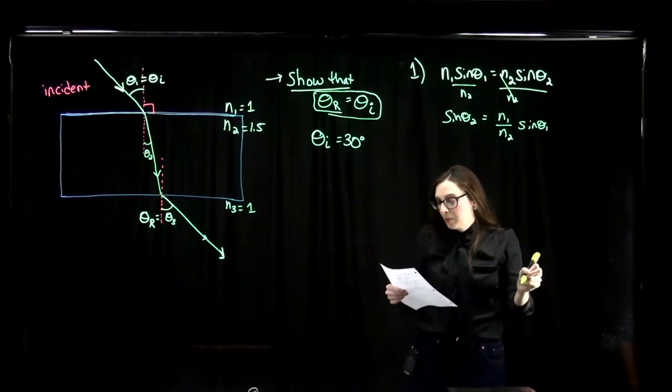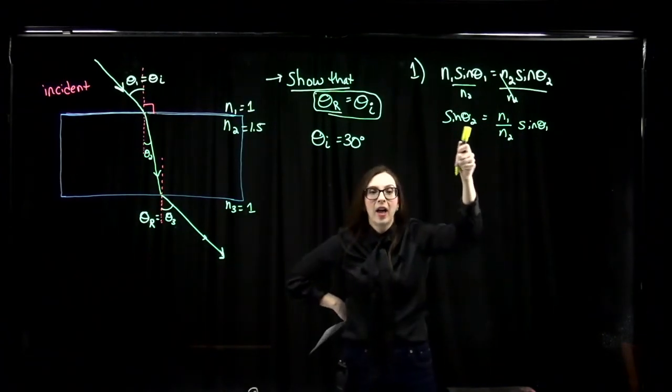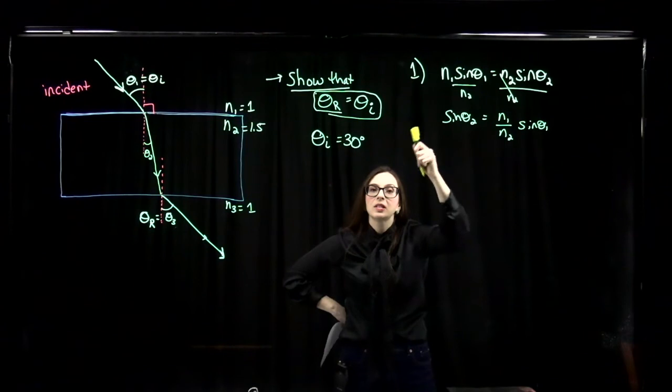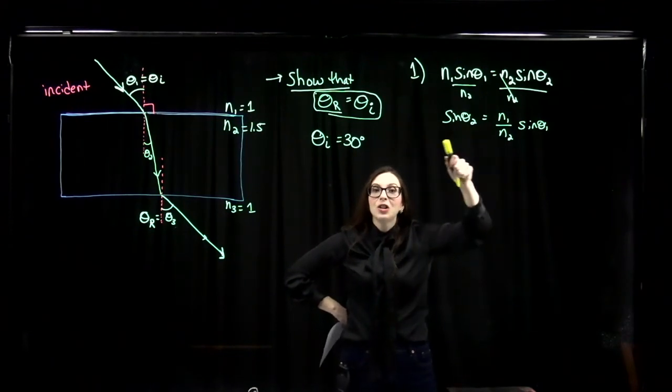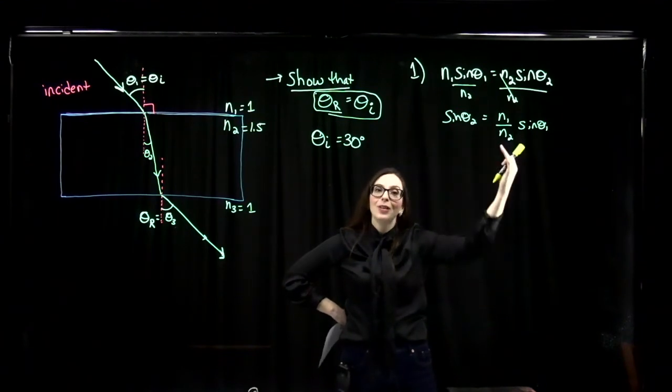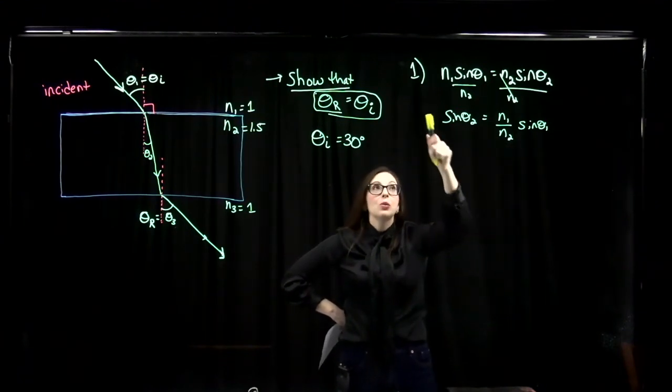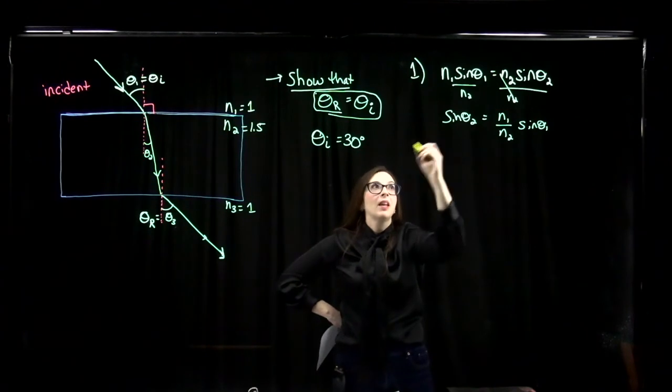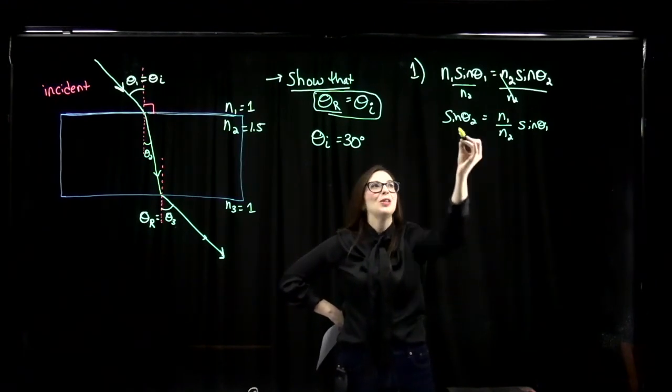Now, if you remember from last semester, how do we get that angle by itself? Right now, it's just sine of the angle, okay? To undo the sine, essentially, we take the inverse sine of both sides. So the inverse sine of a sine function gives you back the angle.